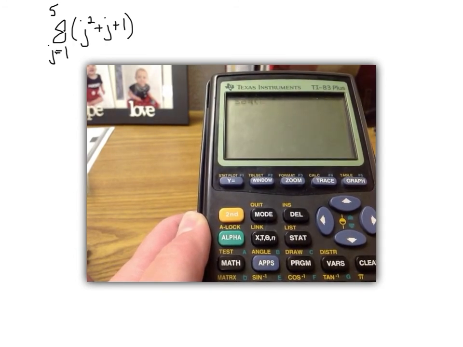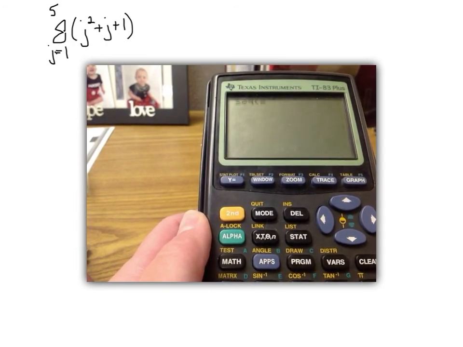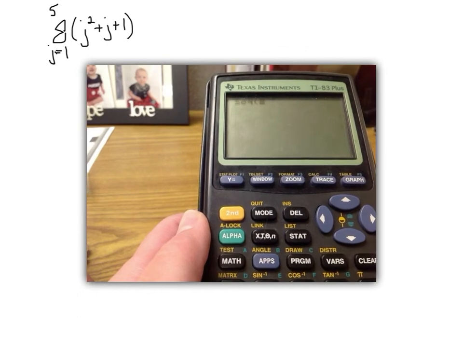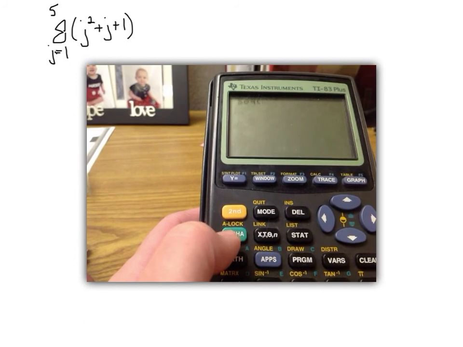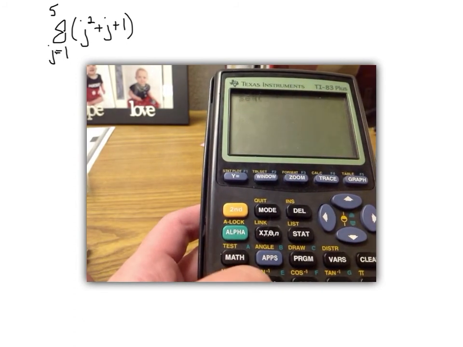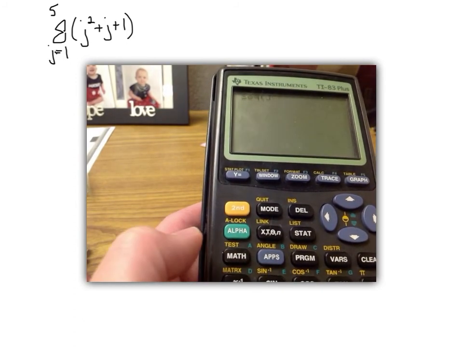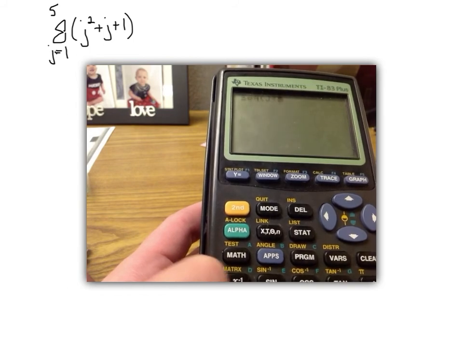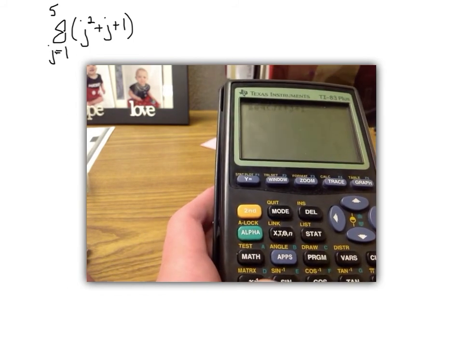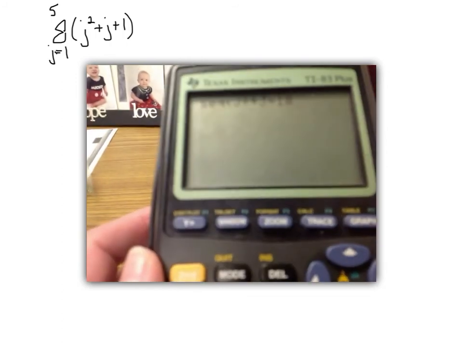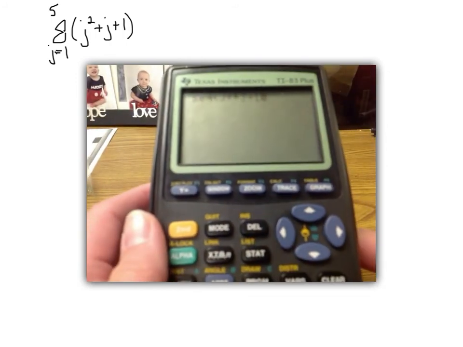Now what you're going to do is put in the equation, the j squared plus j plus 1. So in order to get j, you have to hit alpha, and then j is the comma button, so j squared plus j plus 1. Can you guys see that? I hope so.